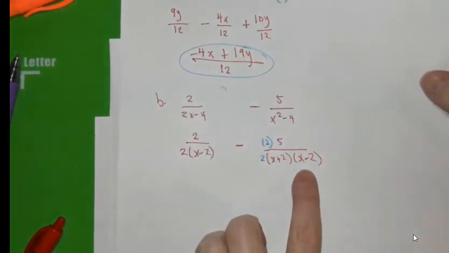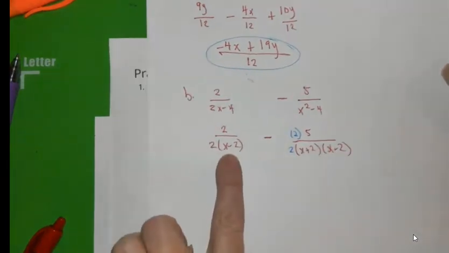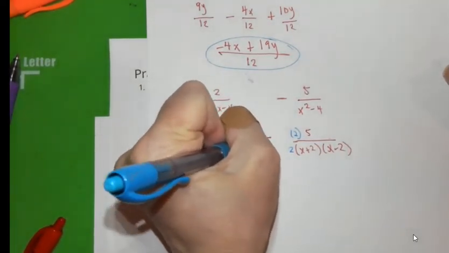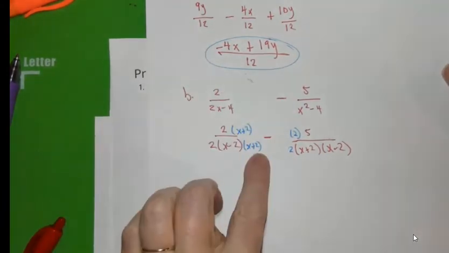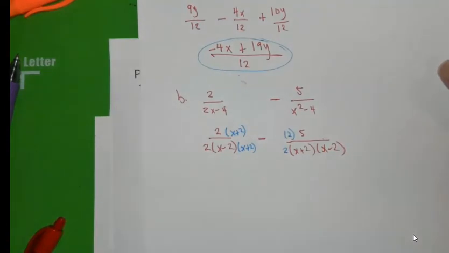And then you'll notice the one on the right has an x plus 2 in the denominator, but the one on the left doesn't have the x plus 2. So let's multiply the one on the left by x plus 2 over x plus 2. Now the two denominators are the same.